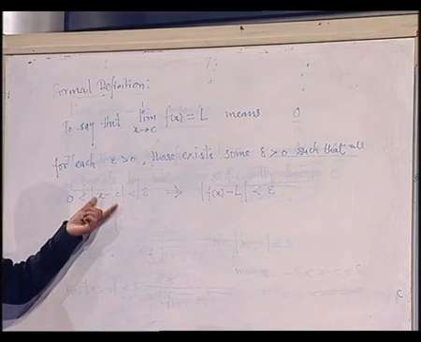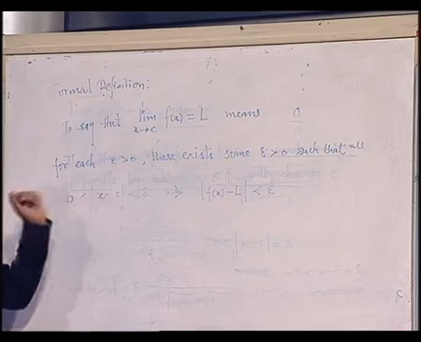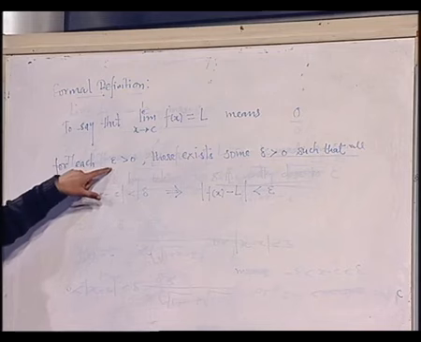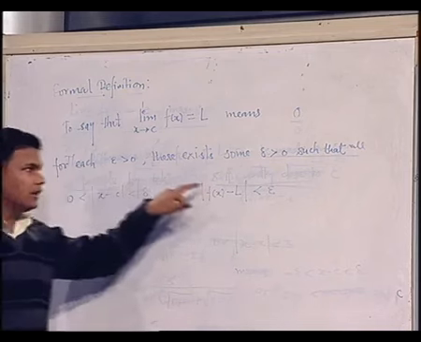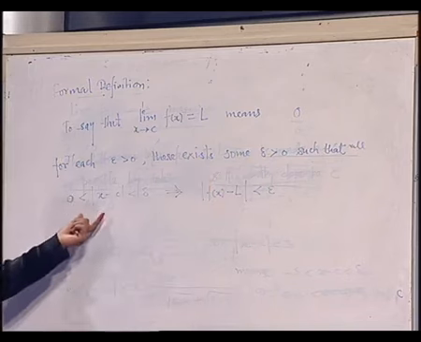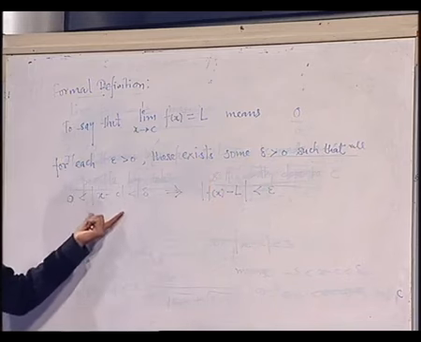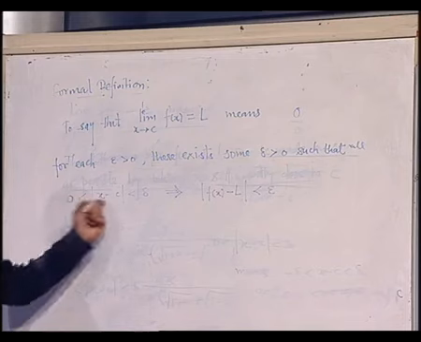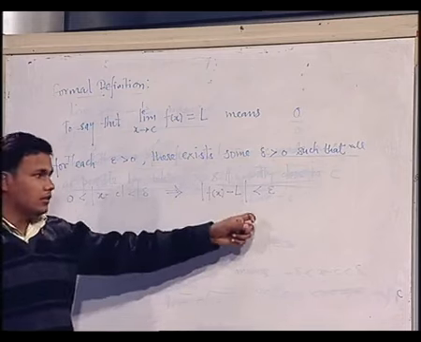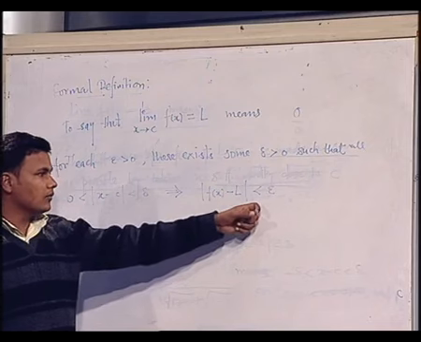So this means that for each epsilon greater than 0, we will find some delta greater than 0 such that when mod x minus c is between 0 and delta, then mod f(x) minus L is strictly less than epsilon.